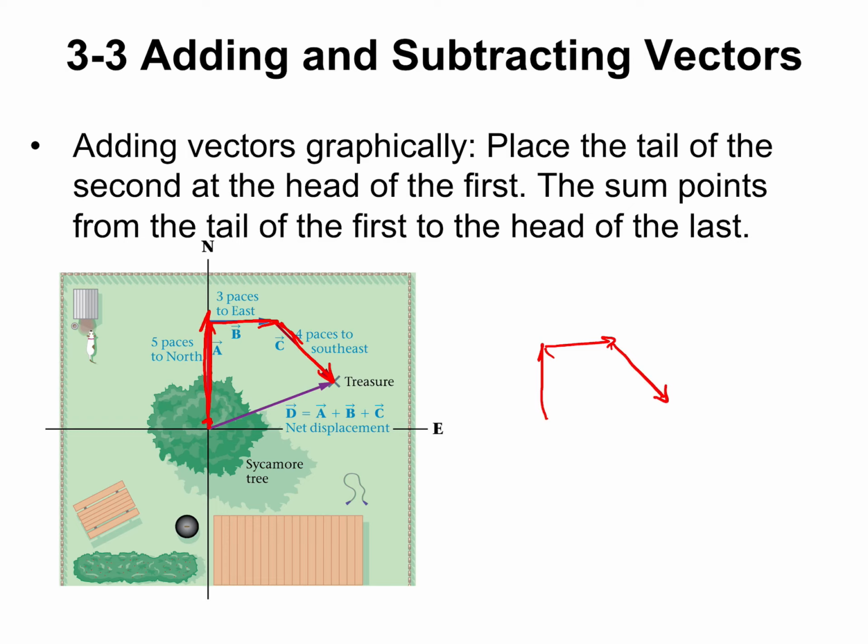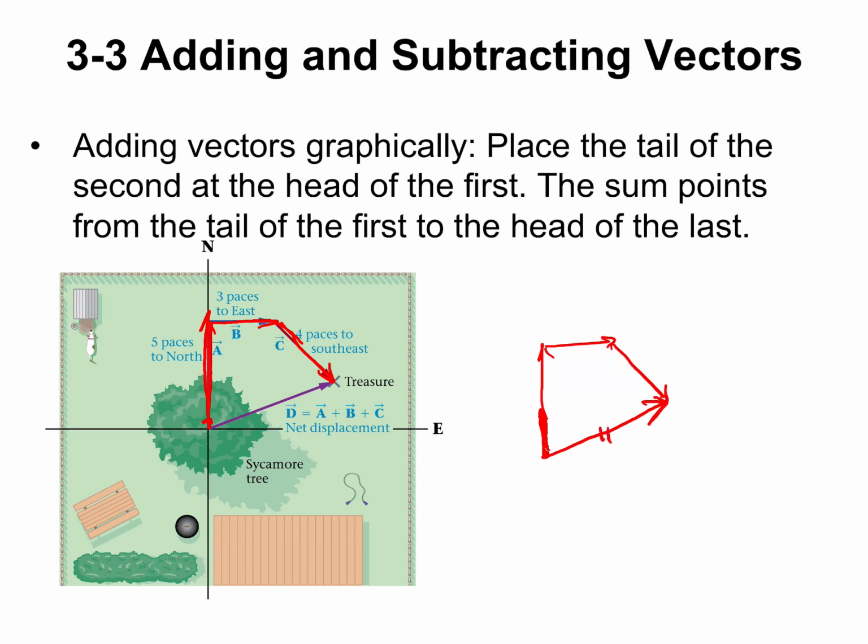We know displacement always starts from the beginning, the initial location, and ends at the final location. You draw a line, link them together, and put an arrow here. The arrow is from the starting point to the ending point. So this is your net displacement.